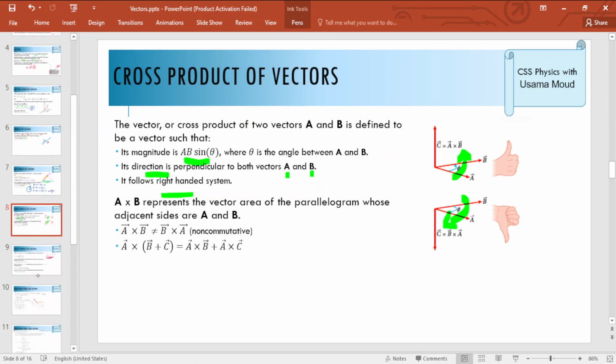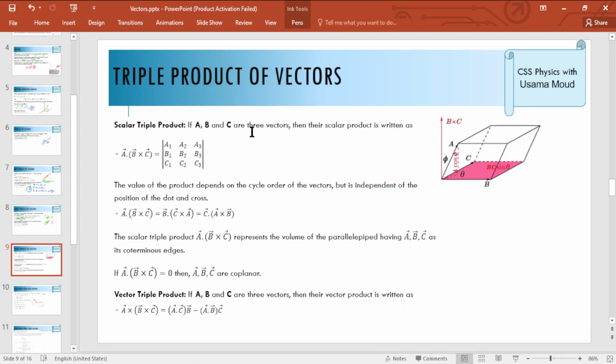Now, similarly, for the scalar triple product, a cross product of two vectors is multiplied with another vector. So this is a scalar triple product, and its result is actually a number which represents the volume of this parallelepiped.